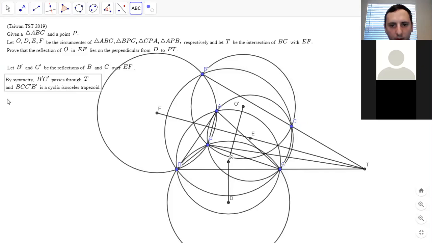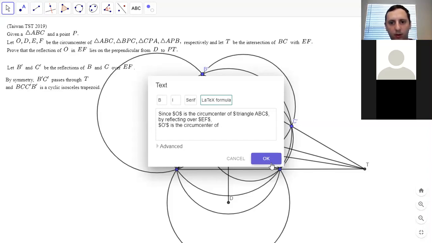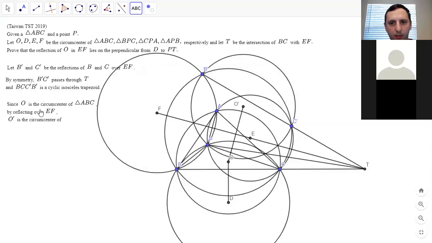And so since O is the circumcenter of ABC, by reflecting over EF, O prime is the circumcenter of P B prime C prime.